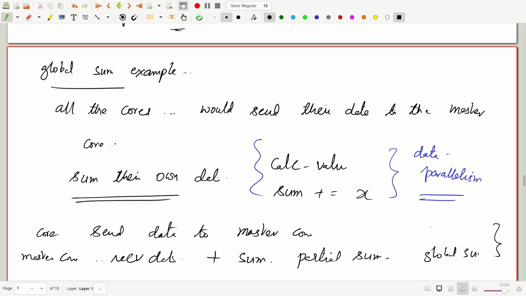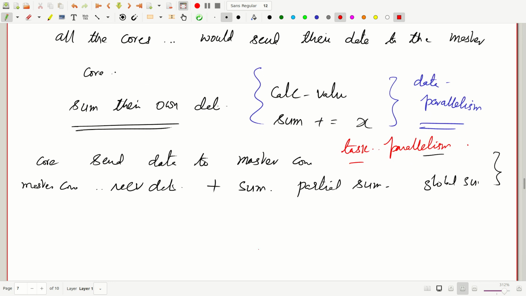So this can be thought of as task parallelism, right? Because now the task is different depending on whether you are any other core or you are the master core. All right. So that is an example.